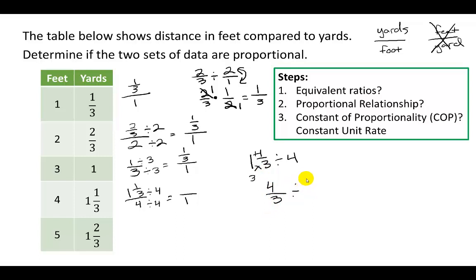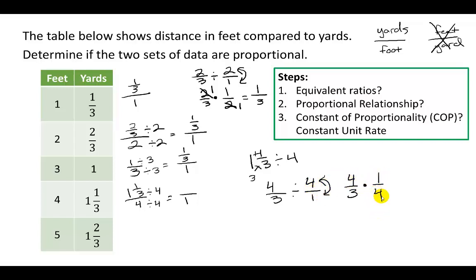That's divided by 4, but if we're having fractions, we need to make it 4/1. When we have fractions, we stay, change, flip. So the first fraction stays the same, 4/3. Division becomes multiplication, and we flip or take the reciprocal of the second fraction, 1/4.